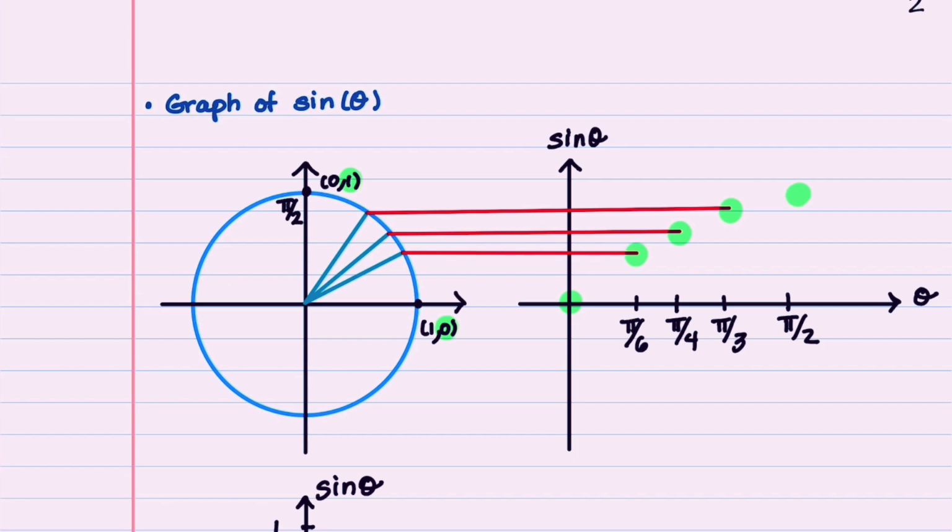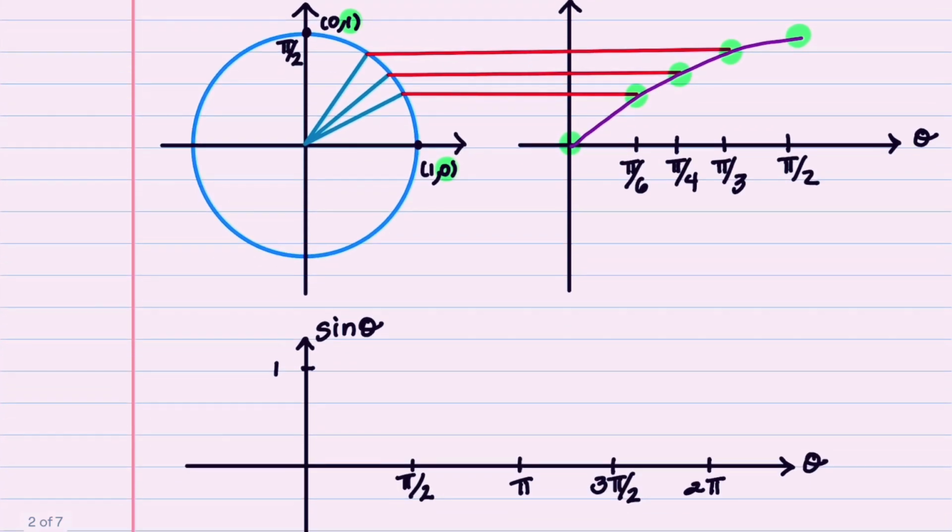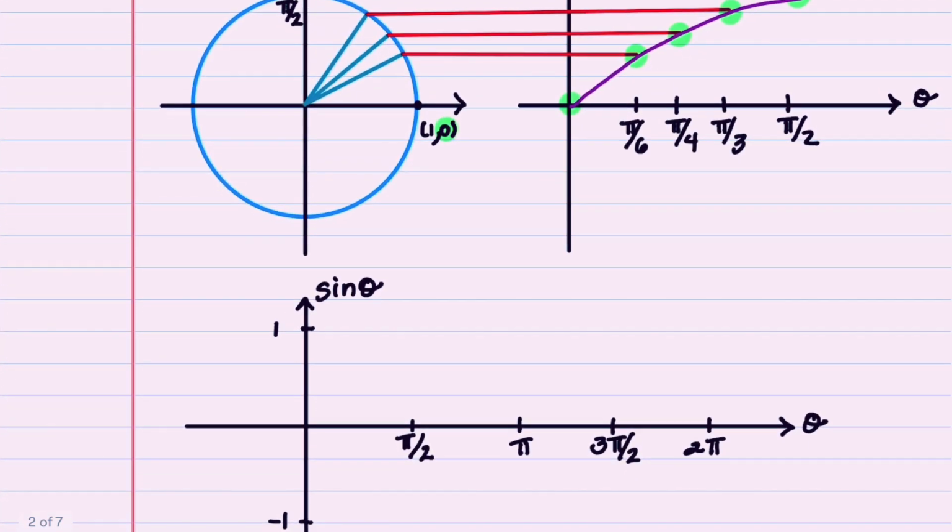If we connect these points, we can see what the beginning part of our sine graph looks like. If we continue this process for all values of sine theta around the unit circle, we get a graph that looks like this.